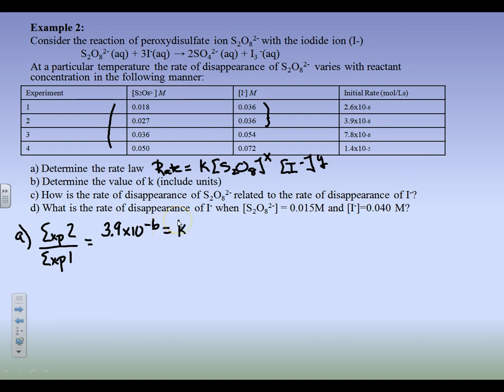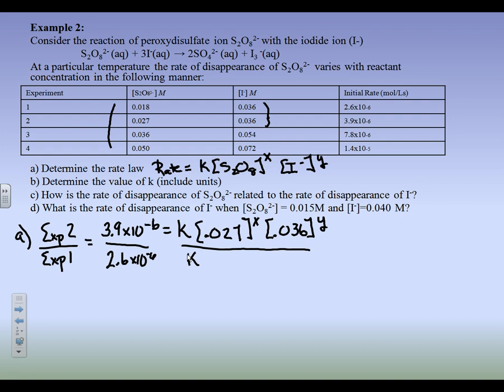So that equals k times the concentration to the x power times my concentration of that to the y power, all divided by the information for experiment 1, 2.6 times 10 to the negative 6th, k, 0.018 to the x divided by 0.036.